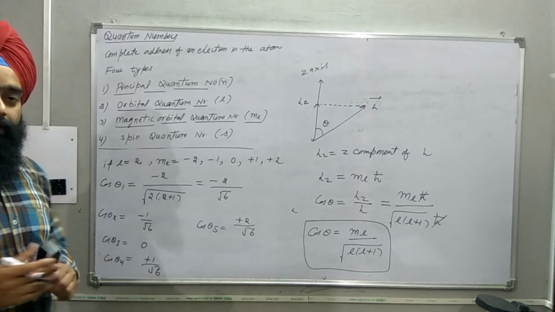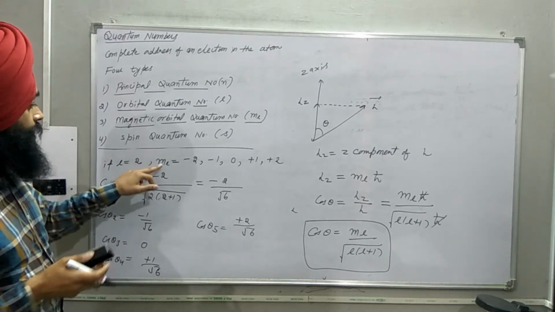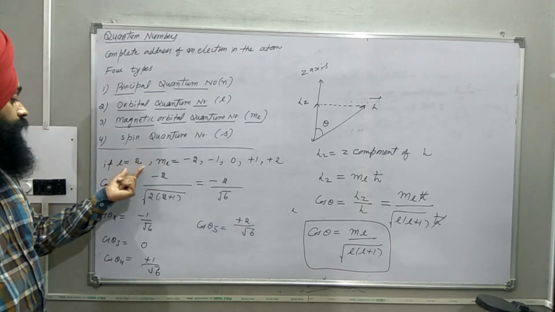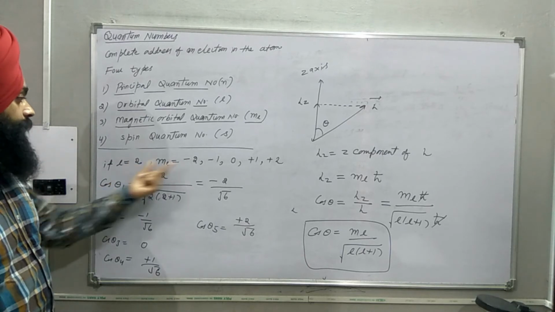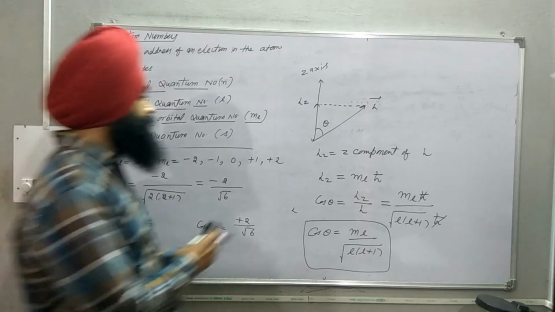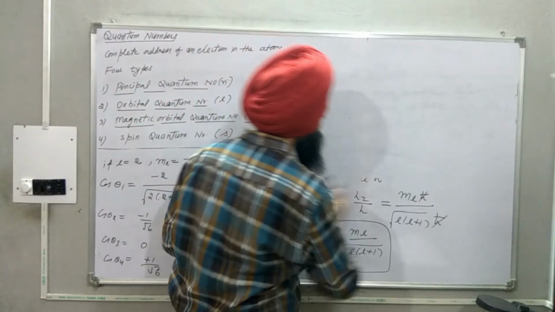It means for every value of L we have 2L plus 1 values of ml. For L equal to 2 we have 5, for L equal to 3 we have 7 values.